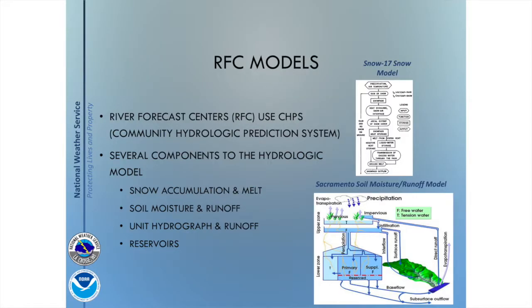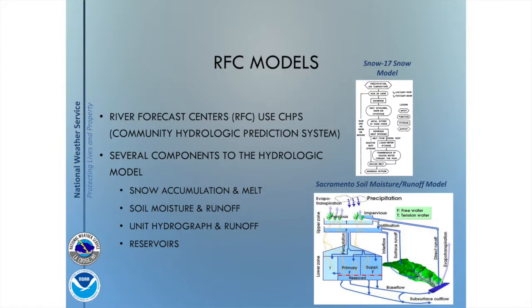RFC. So the more you work with different agencies, you start developing these acronyms, abbreviating things. That's River Forecast Center. So the river forecast models, what are those? Well, the river forecast uses a model called CHPS, another acronym, Community Hydrologic Prediction System.